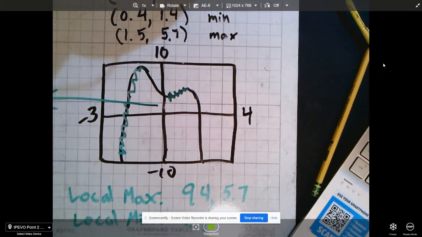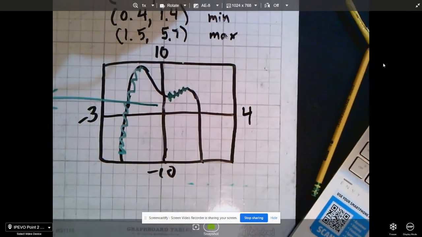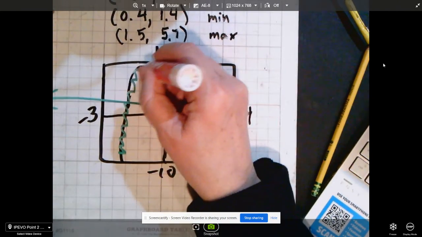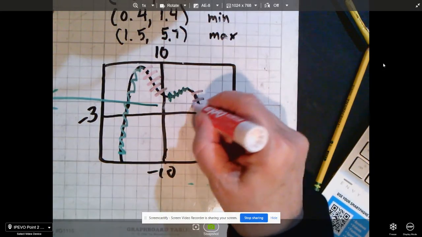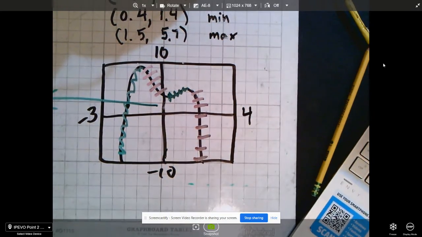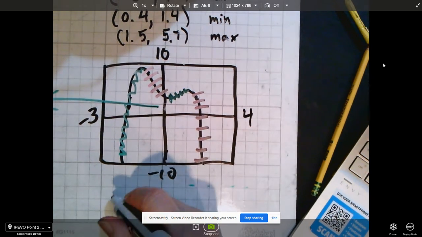But I also have 2 decreasing intervals. Let me erase some of this so I have a little more room. So now I want 2 decreasing intervals. You can see now my graph is decreasing in this area, but it's also decreasing in this area. So I have two decreasing intervals. And remember, when we write this, we're only writing x values.